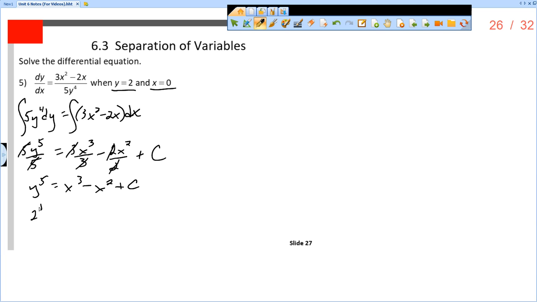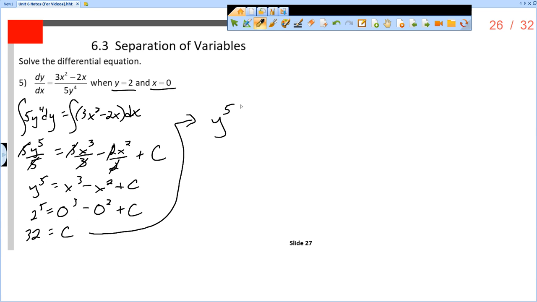So 2 to the fifth equals 0 cubed minus 0 squared plus c, right? So 2 to the fifth is 32, and then 0 minus 0 plus c is c. So c is 32. So that means my specific but implicit solution is y to the fifth equals x cubed minus x squared plus 32.